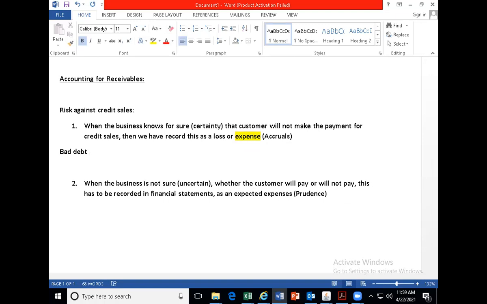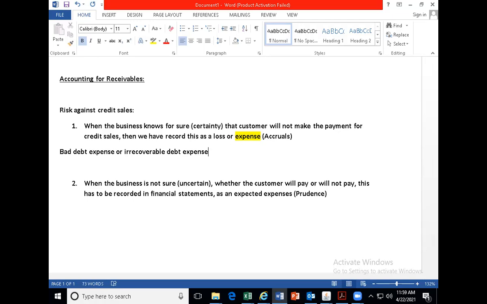Instead of calling them bad debt, we call them irrecoverable debt. Okay, and both are expenses. So either you call it bad debt expense or irrecoverable debt expense. Different authors in different parts of the world name them in different ways.